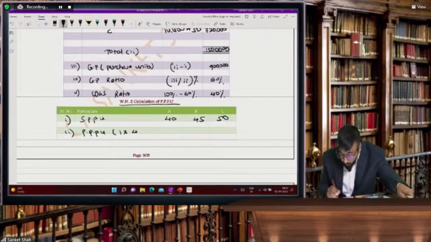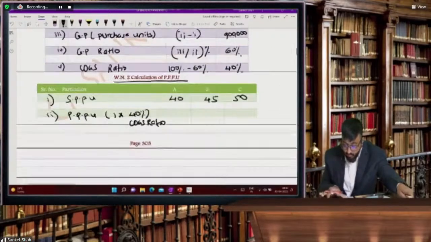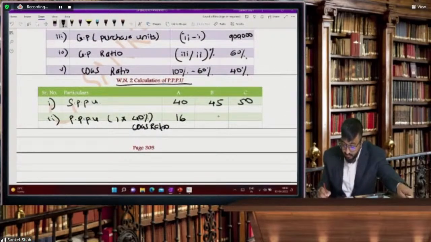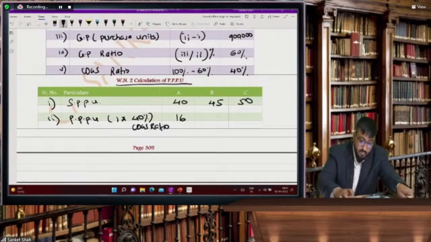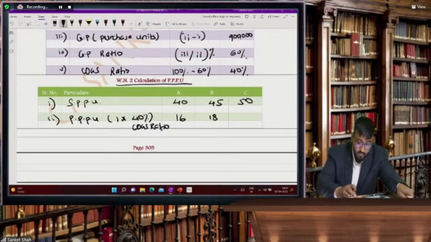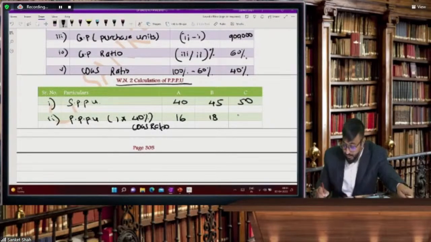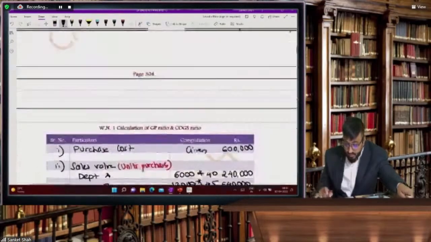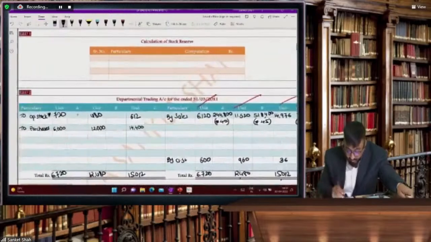Roman 1 into 40%. Which ratio? COGS ratio. 16, 18, 20. Got this?